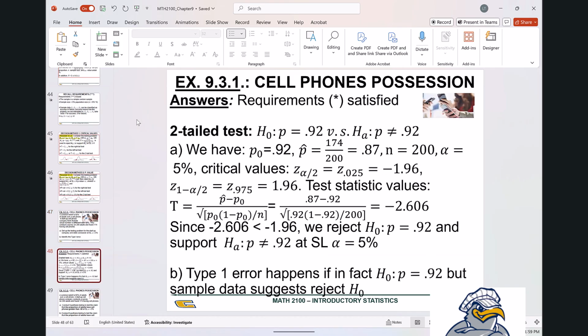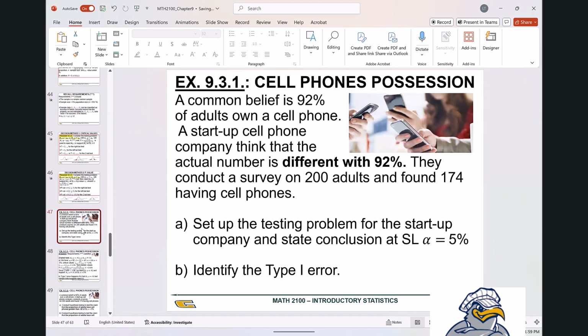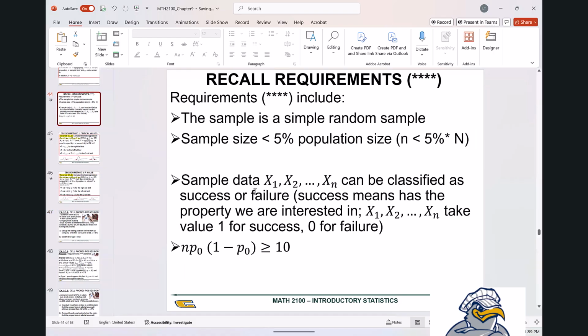So this is testing for proportion. A good practice is that you need to check the requirements first. So you check: is it a random sample? Is the sample less than 5% of the population size? It must be, because with 200 people, there are millions of people who have cell phones. The data classifies people as success, having a cell phone, or not.